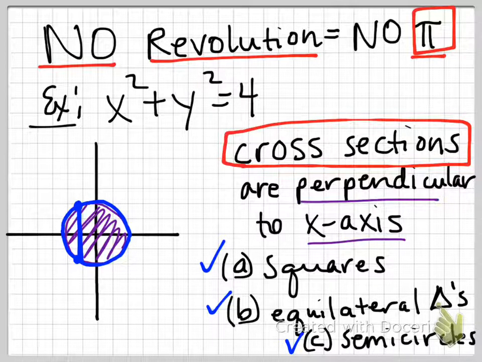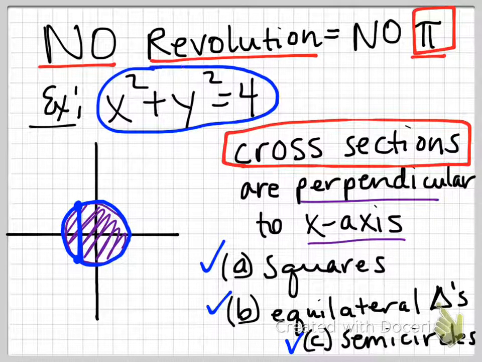Since we're looking for volume, keep in mind that if you have an area already and you integrate it, integrating an area will give you a volume. Since we have x squared plus y squared equals 4, we need to know, if we solve this for y, what my equations would be.